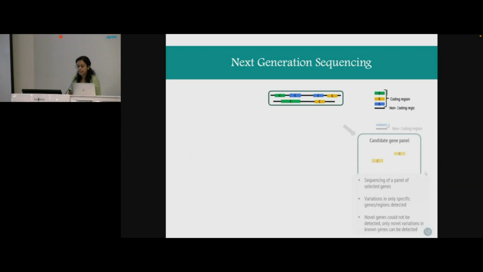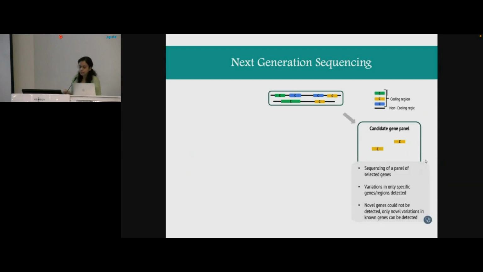So the first one is targeted NGS, that is a candidate gene panel, in which one can test multiple genes at once. A panel can have as few as 4 genes, as in the case of familial hypercholesterolemia, and it can have more than 50 or 100 genes in targeted testing, like in the case of RASopathies, inborn errors of metabolism, or other immunological disorders.